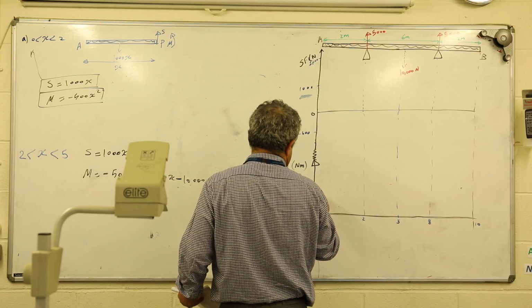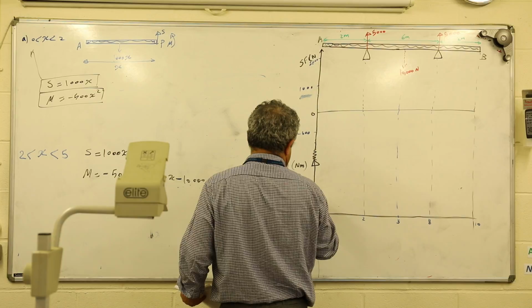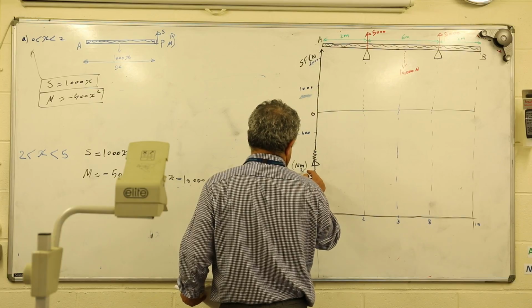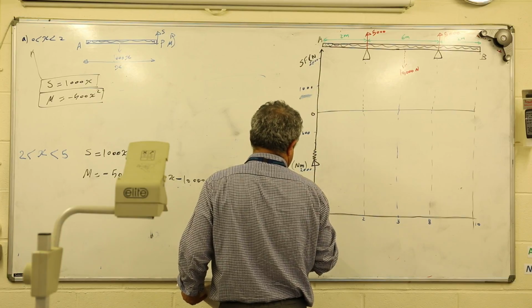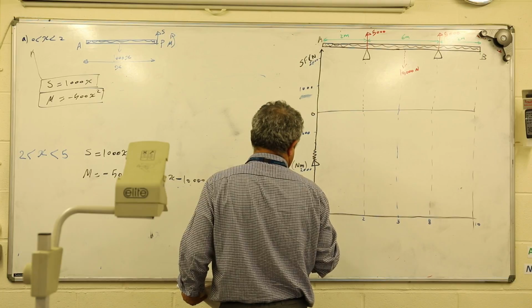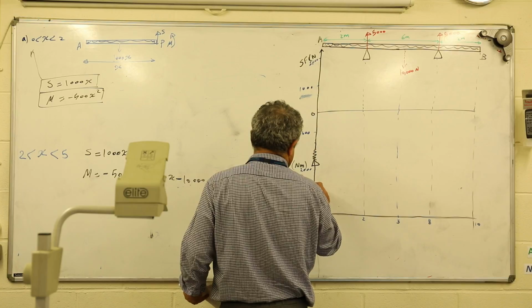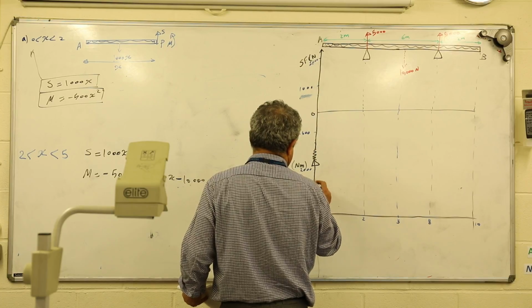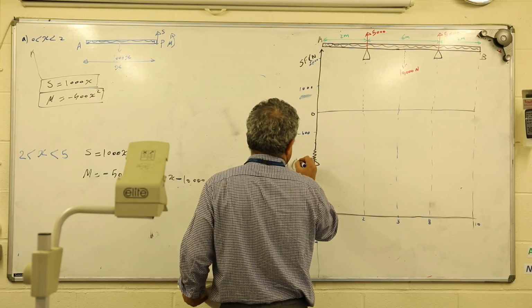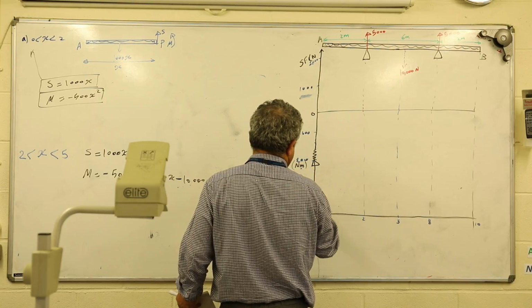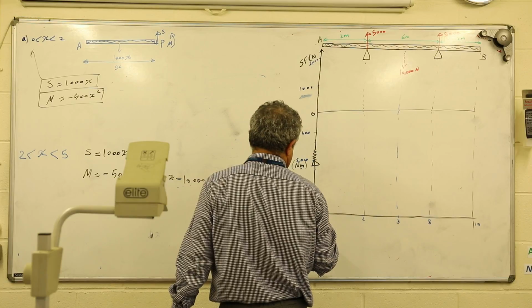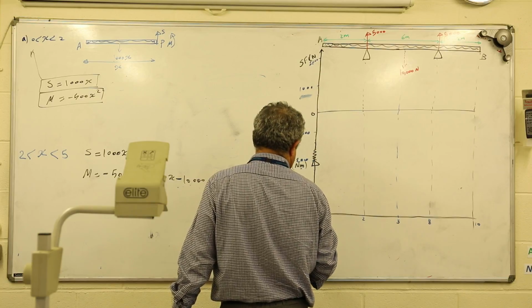Which is 0, 1,000, 2,000, minus 1,000. Let's go a bit down. Minus 1,000 here. 1,000. And 2,000 here. Yeah? Minus 2,000.